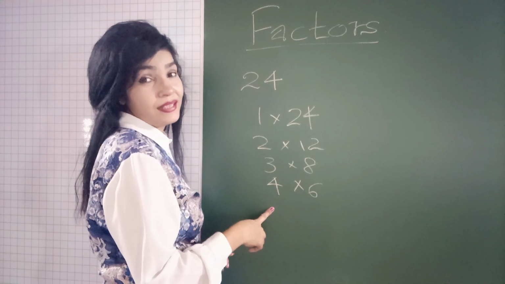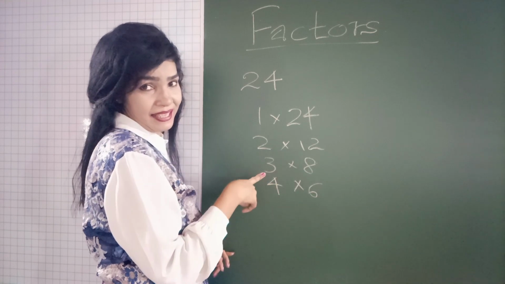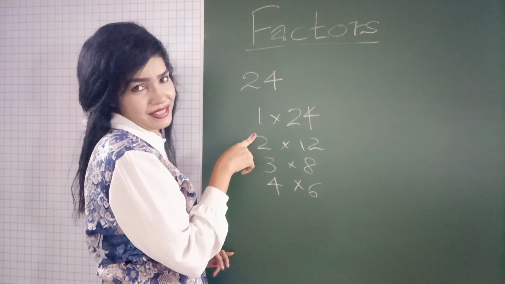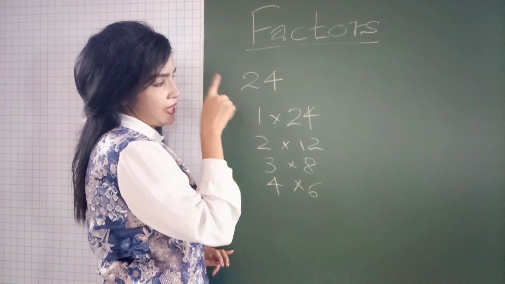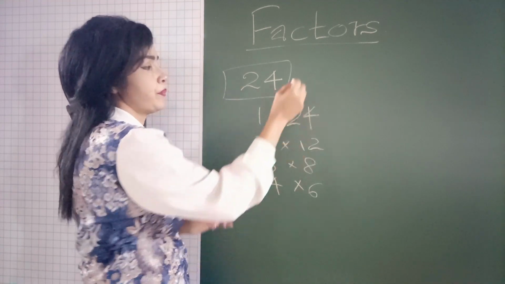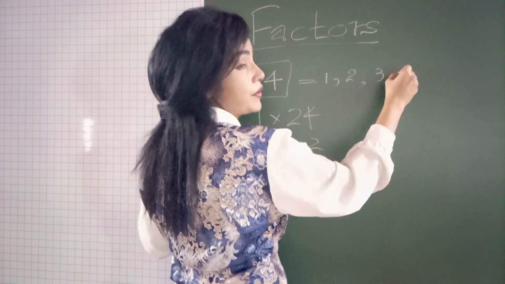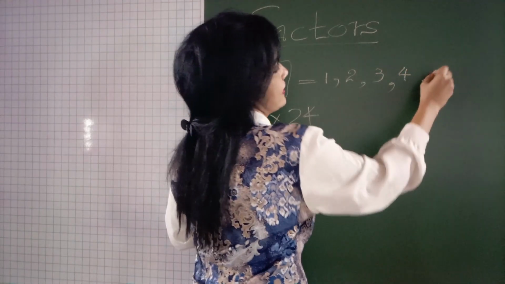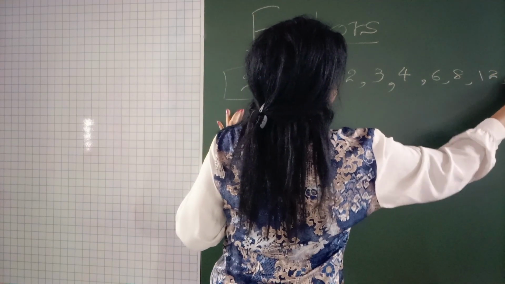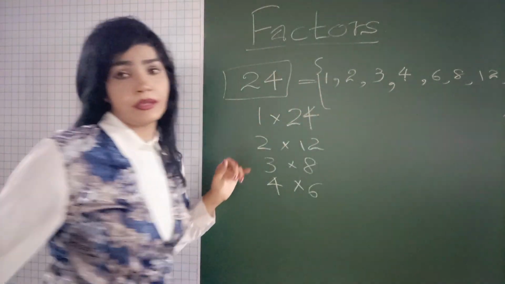Doesn't go. 6 times? 4 once again. 8 times? 3. 12 times? 2. 24 times? 1. So the factors of 24 are 1, 2, 3, 4, 6, 8, 12, 24. This is the set of the factors of 24.